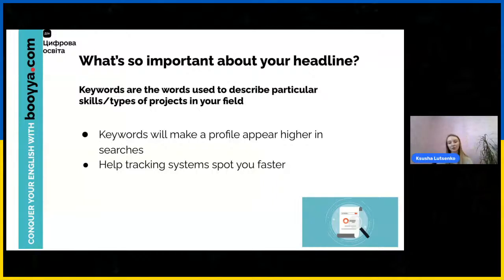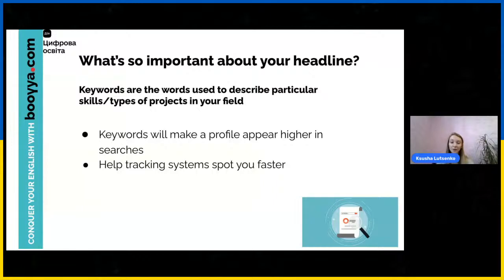If I were a recruiter, I would type, let's say, project manager. I wouldn't type coding ninja or project management ninja. It doesn't work like that. And if I have this keyword in my profile, being a job seeker, my profile will appear at the top of that search, which is great for me. I'm going to be first to be shown to my recruiter.